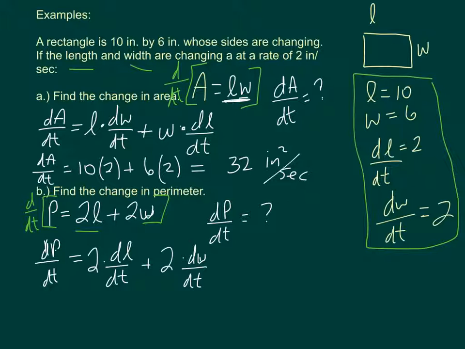And again, once we've taken the derivative, now we can plug in what we know. This is going to be 2 times, well, our dl dt is 2. It's changing at 2 inches per second on the length. Plus 2 times dw dt is also going to be 2 inches per second. And so I've got 2 times 2, 4. 2 times 2, 4. 4 and 4 is 8. Perimeter, well, that's going to be in just inches per second in this case.